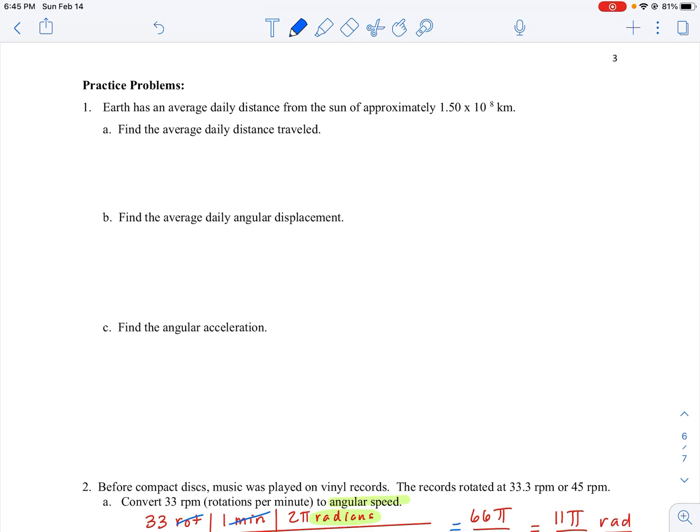Number 1, Earth has an average daily distance from the sun of approximately 1.5 times 10 to the 8th kilometers. Find the average daily distance traveled. Okay, so we go 1/360th of the entire way around, right? So the circumference of the Earth's orbit would be 2 pi r.